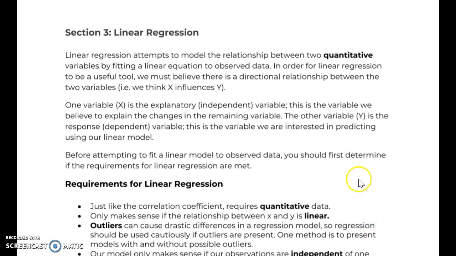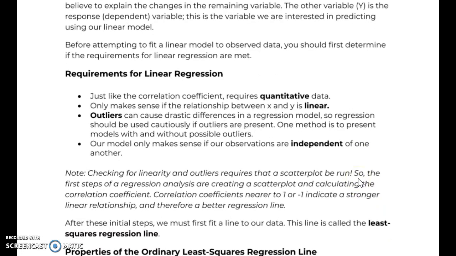So as before, the requirements are that we have quantitative data, both the X and Y value. We want to make sure that the relationship is a linear relationship. And also be aware of if there are outliers, they can drastically affect our regression model.